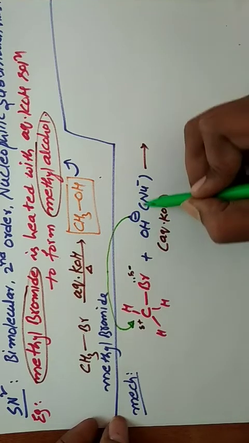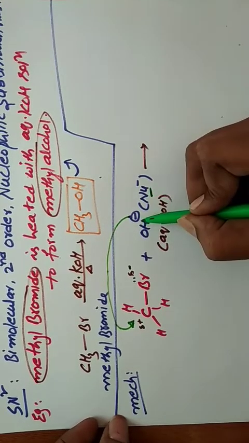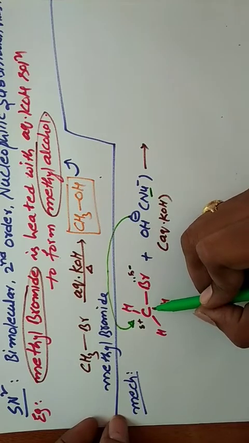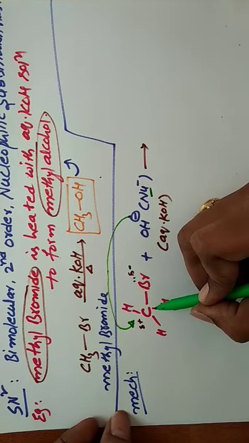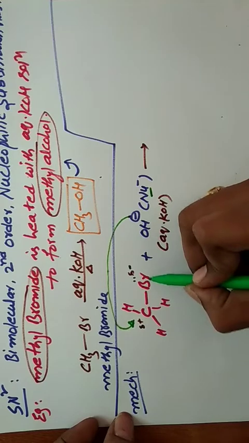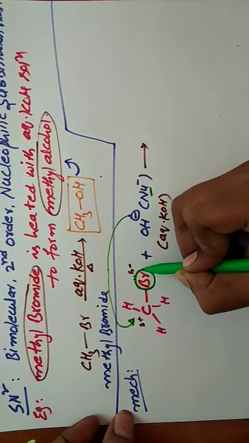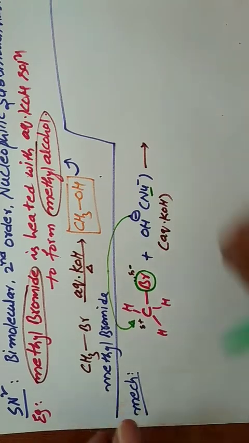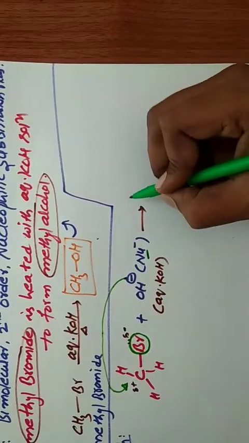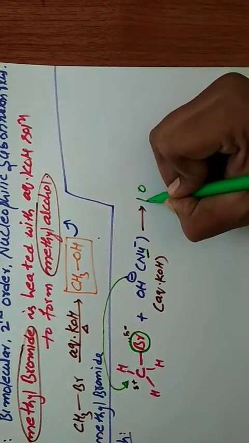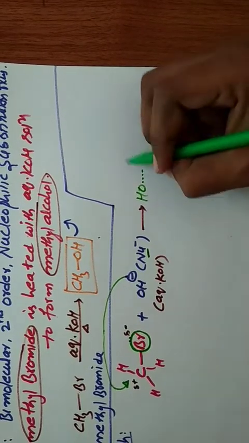So in this case, as the OH group forms a bond with carbon slowly, at the same time the carbon bromine bond is slowly broken, because carbon is already filled with 4 covalent bonds.